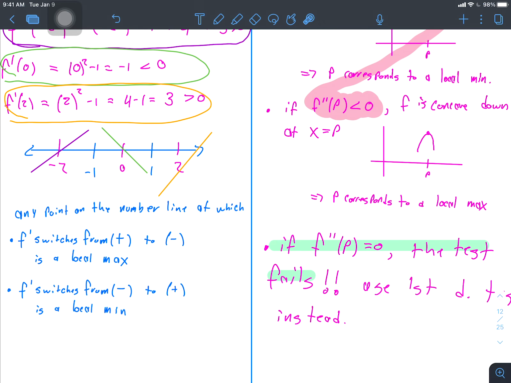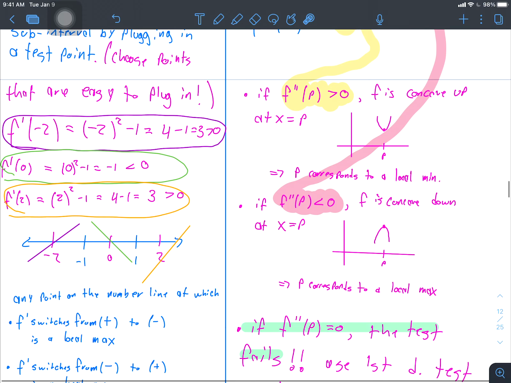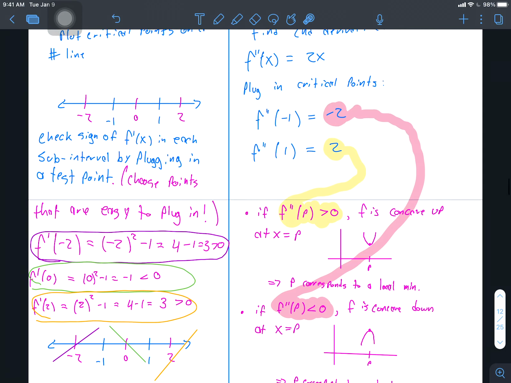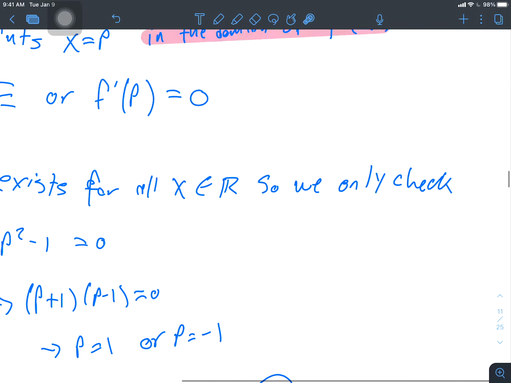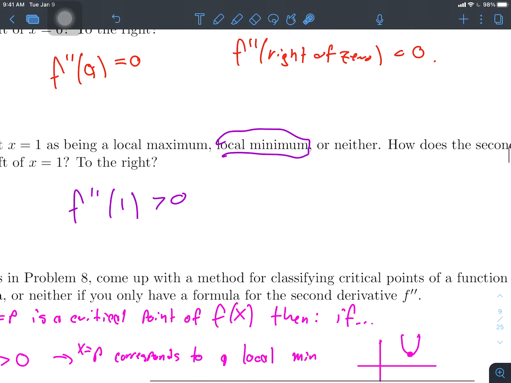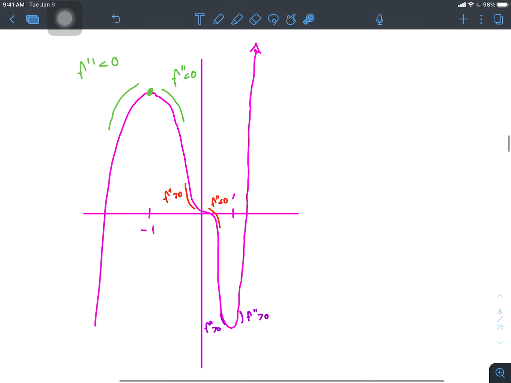All right, so this is the first derivative test. Let's see how the second derivative test works. So suppose I didn't want to do all of that number line work, and I just want to use the second derivative test. Now, the second derivative test tells me, let me return to this graph, that if at a critical point my function's concave down, then it's a max.